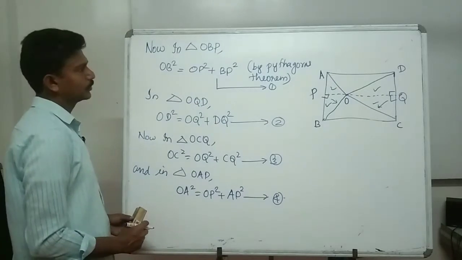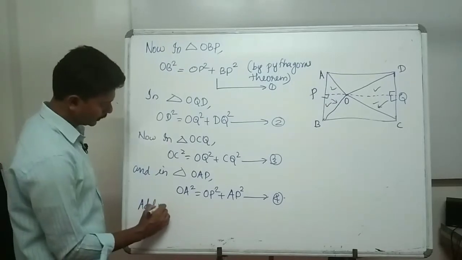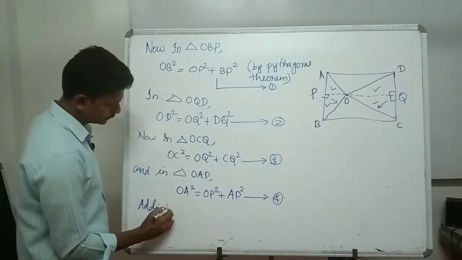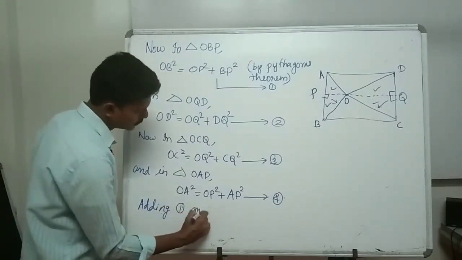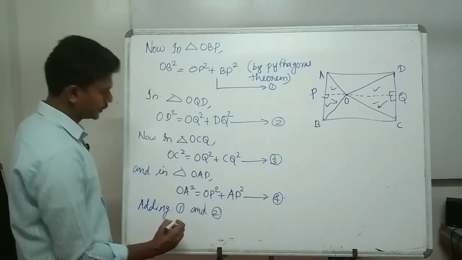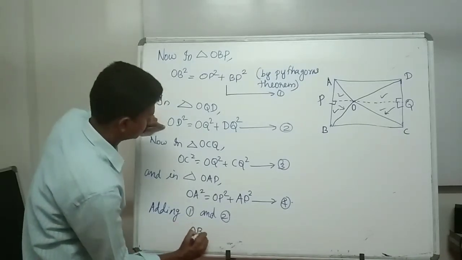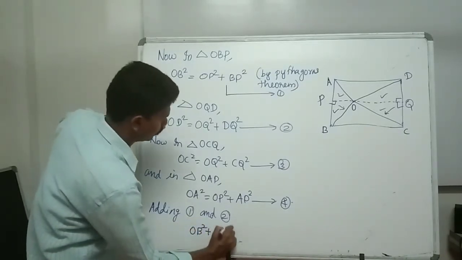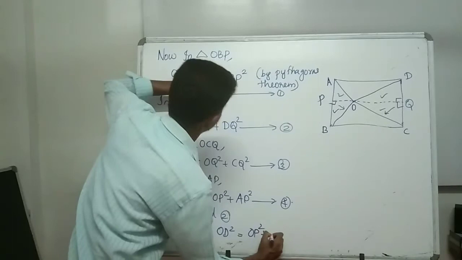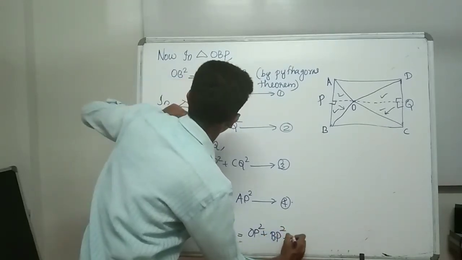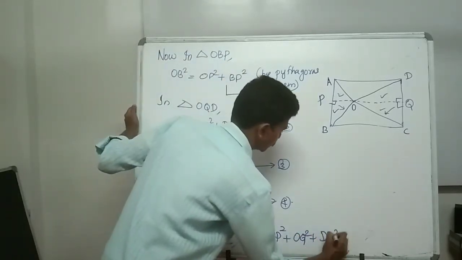Now we are going to add equations 1 and 2. We add the left side values: OB square plus OD square is equal to the right side values, OP square plus BP square plus OQ square plus DQ square.